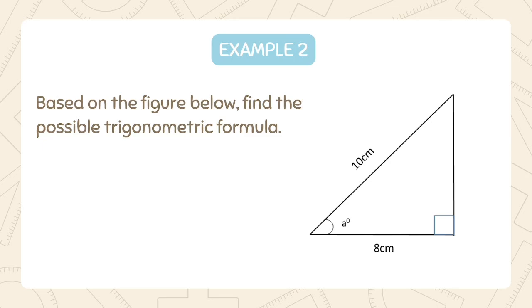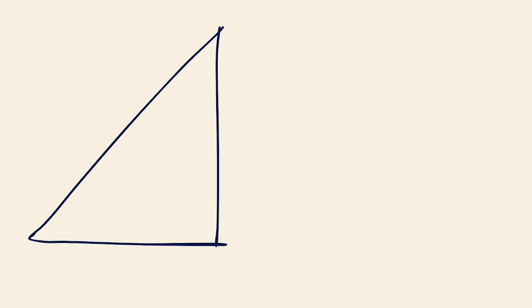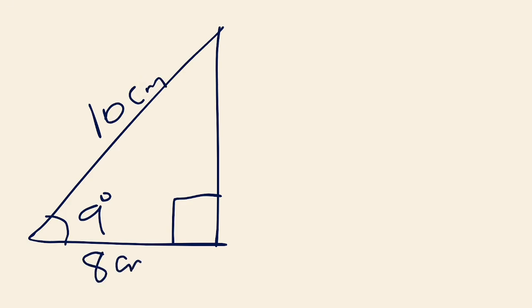Next, example 2. The same thing. Let's draw. If you are drawing, you have this. This is your right angle. This is still your angle of interest, A degrees. Then this is 10 cm, while this is 8 cm.